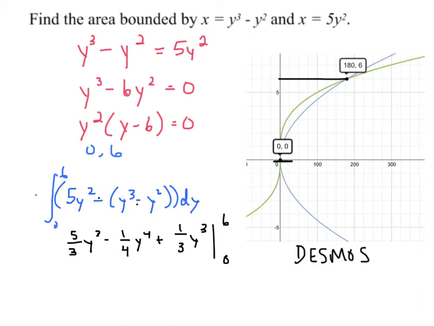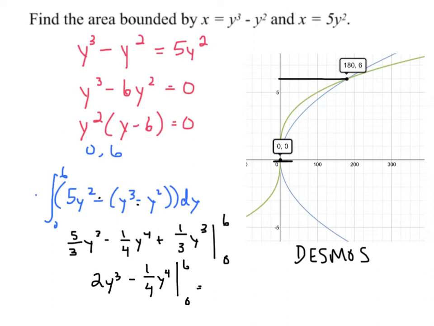Now before I evaluate, because if we're doing this by hand, sometimes it's nice to do a little combining. You look at this, 5/3 y cubed, 1/3 y cubed. Well, that combines to 6/3 y cubed, or just 2y cubed. It might be nice to just write that. Just say it's 2y cubed minus 1/4 y to the 4th, evaluated at 6 and 0.